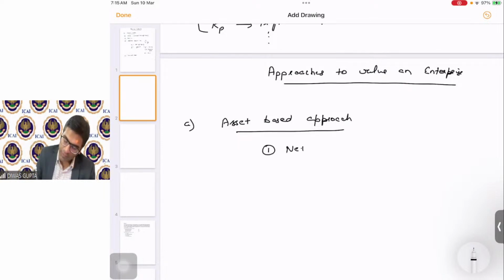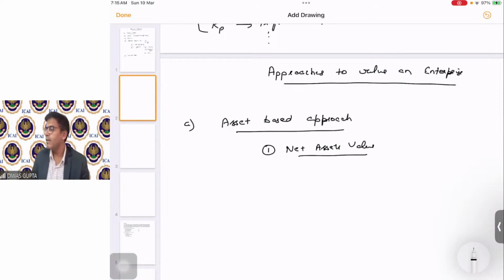First one, net assets value, NAV, students. This is the most popular, or let's say the easiest approach in the asset-based approach. What do you mean by net assets value, students?